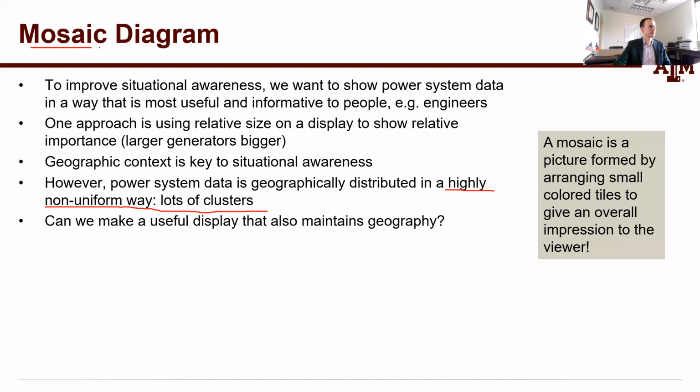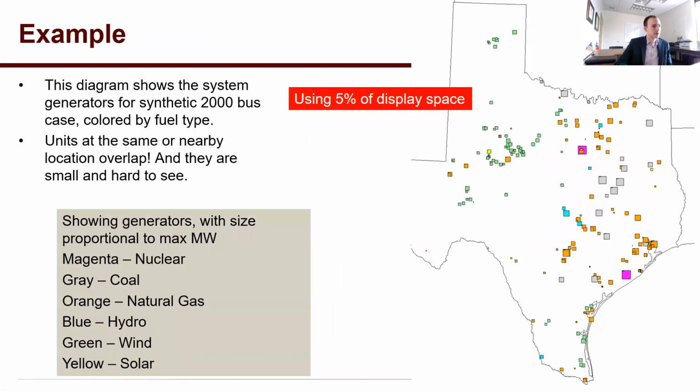But first of all, this idea of mosaic is basically that you have small colored tiles that you arrange in such a way that it gives an impression to the viewer, and that can be in an artistic sense, or it can be in a technical data visualization sense, which is obviously what we're talking about here. Here's an example. This is showing this synthetic Texas case, and it's showing the generators as squares.